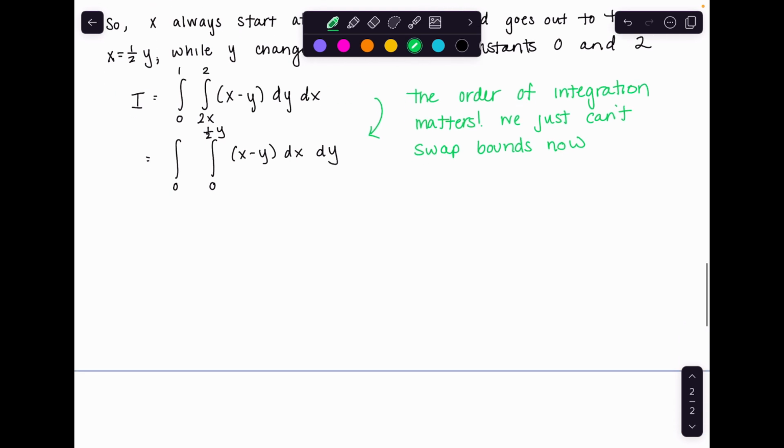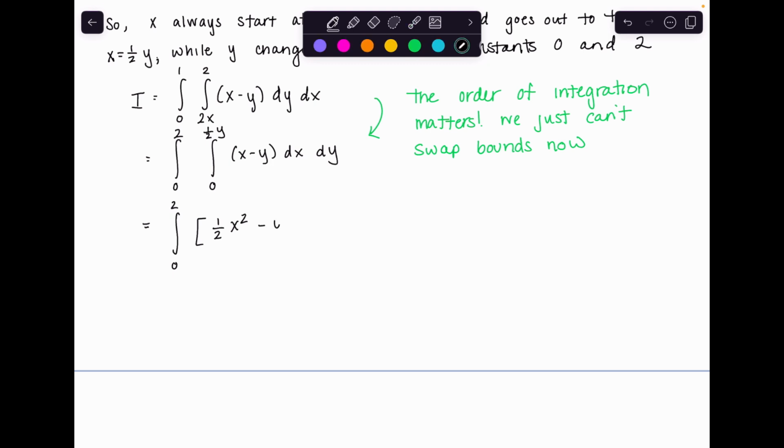But now that I have this set up, we can go ahead and integrate in this order. Starting out, we're going to integrate the inside with respect to x. So this would be 1/2 x squared.